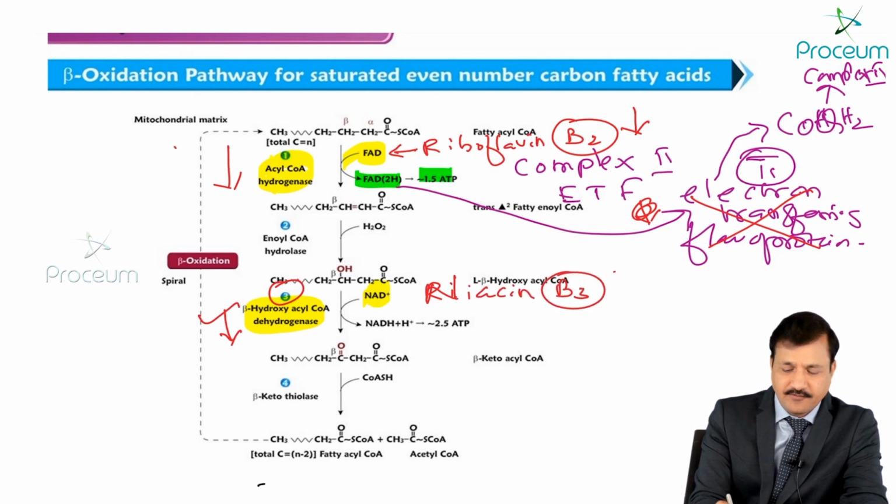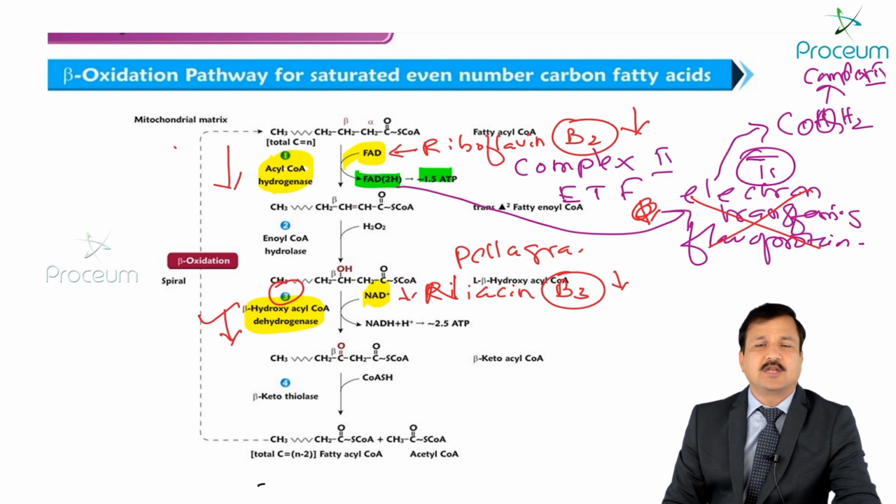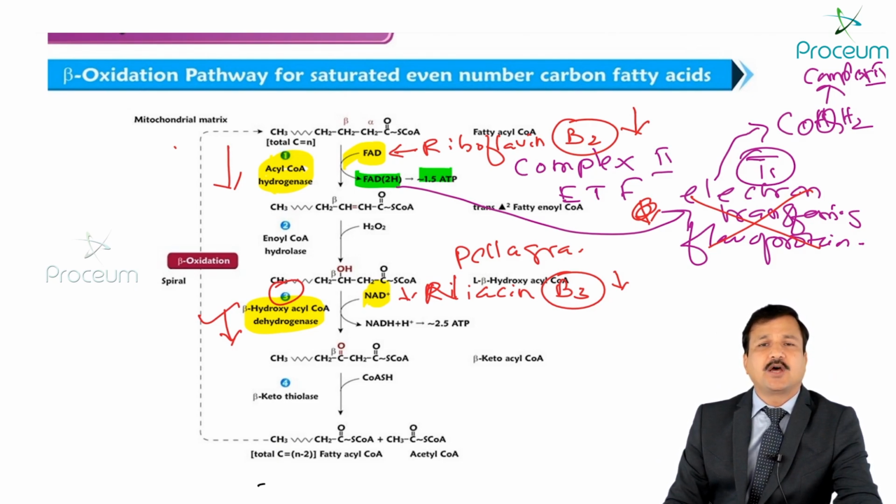So the deficiency of niacin leads to pellagra. In pellagra there can be a decrease in NAD, and decrease in NAD can affect the third reaction in beta oxidation of fatty acid, which is affecting activity of the beta-hydroxy-acyl-CoA dehydrogenase enzyme. So that is one thing that you must remember.